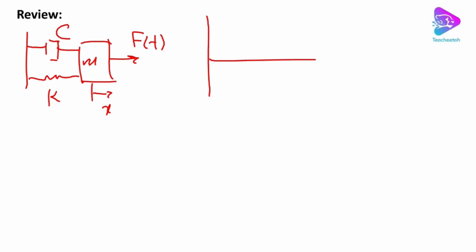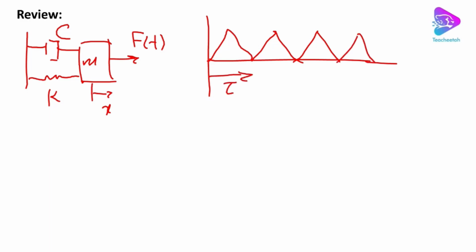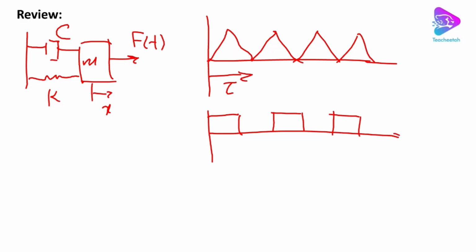For example, a triangular shape force applied this way, with period tau, or another type of force, like a rectangular force shape which is applied periodically. These are some cases where the force applied to the system is periodic, but it is not harmonic.